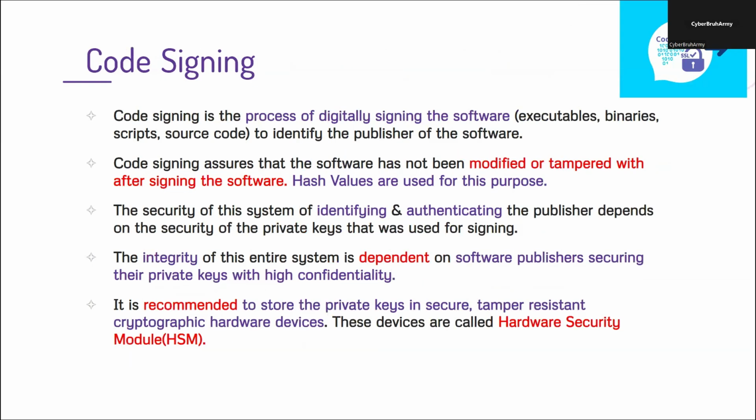Now the next one is code signing. Code signing is the process of digitally signing software, for example when we are installing software like VLC or the Chrome browser, executable binaries, scripts, or source code, to identify the publisher of that software. Code signing ensures that the software has not been modified or tampered with after signing.